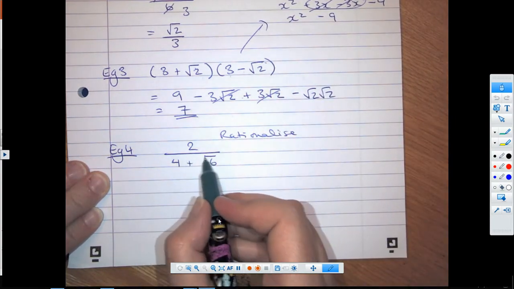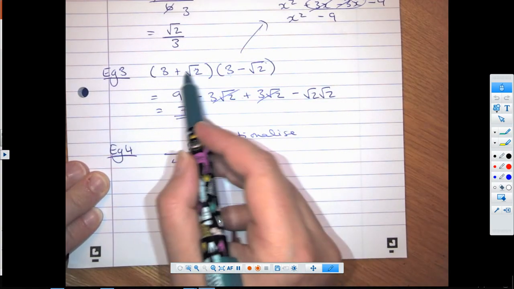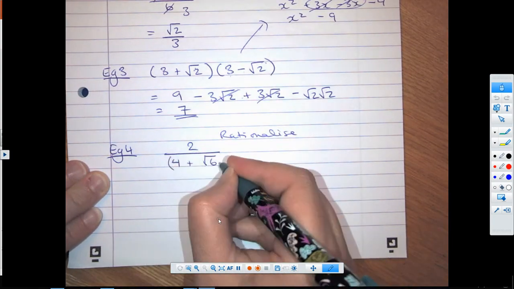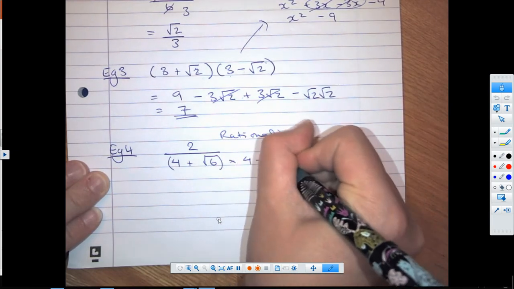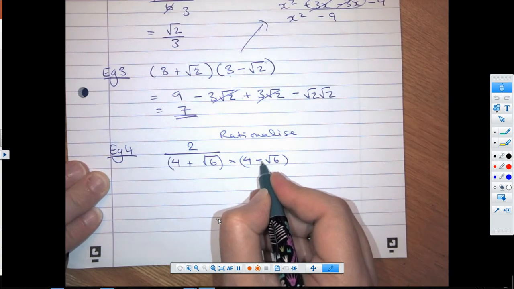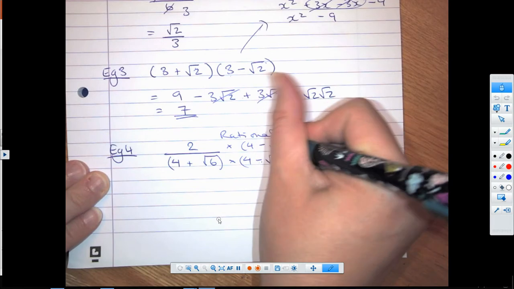Right. So let's take a look at how we do that. Okay, let's follow our example here. If we had 3 plus 2, then we multiply by 3 minus 2. So we're going to do the same thing here, but let's just put that in a bracket to remind ourselves. I'm going to multiply by 4 minus root 6. Okay, you have to change the sign. It has to be the opposite sign or this does not work. And then on the top, times the same thing because it's a fraction.